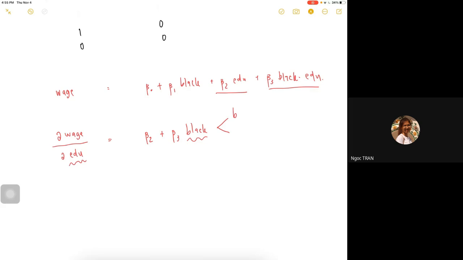If black is equal to 1, if you are non-white, it means that your change will equal beta 2 plus beta 3. But if you are white, your result will be just beta 2.